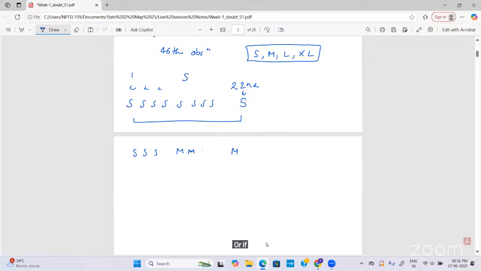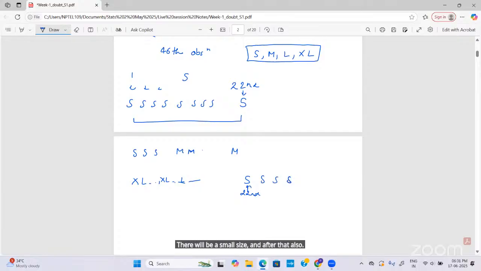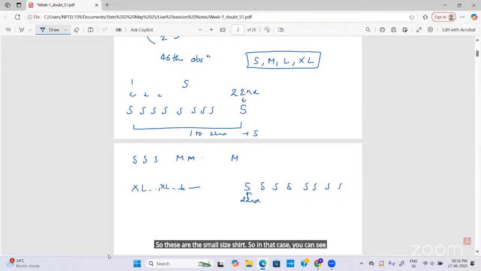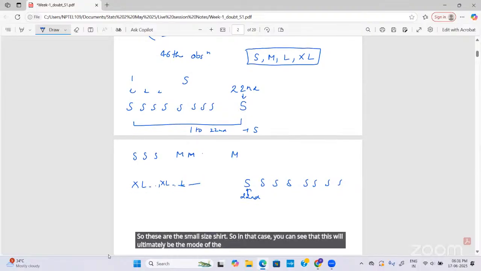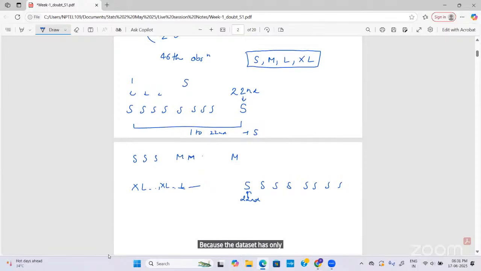Or if you are arranging in descending order, then it will be something like XL, XL, and then at the 22nd position there will be a small size, and after that also small size shirts. So these 22 are the small size shirts, which will ultimately be the mode of the data set also, because the data set has only one mode. It is unimodal.